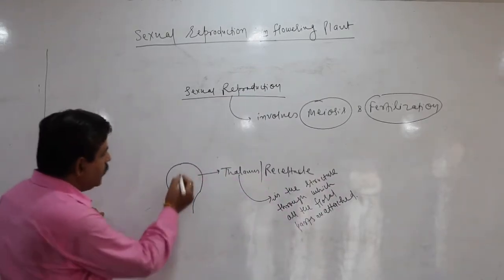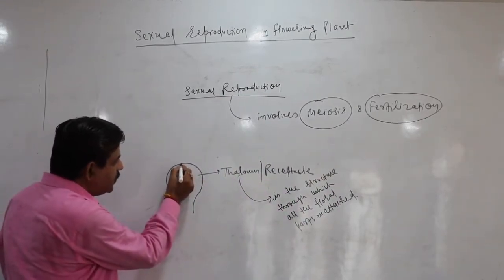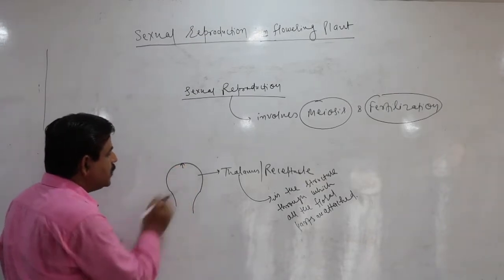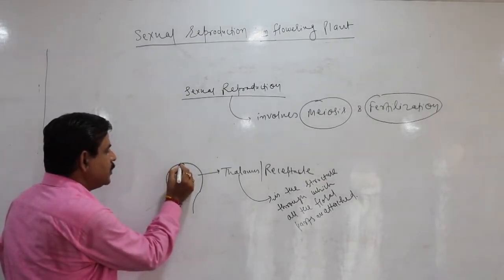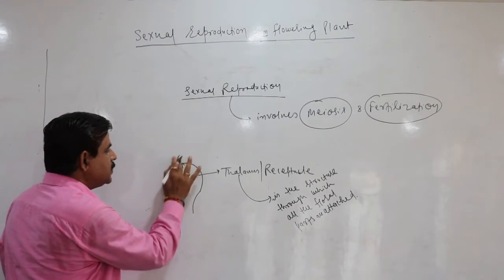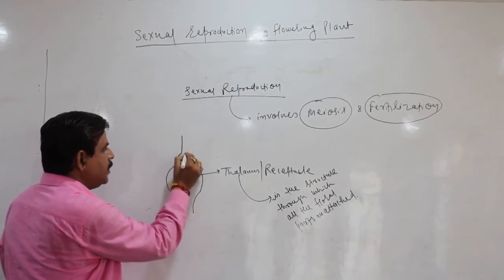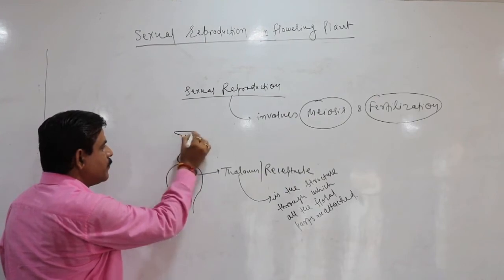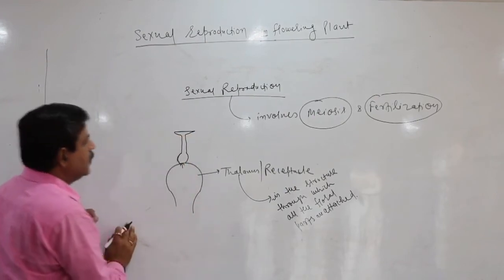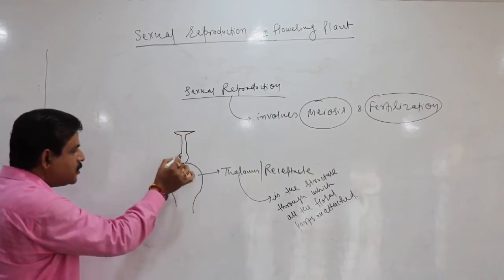Now, we start drawing from this central portion. This is the pistil, which consists of three parts.